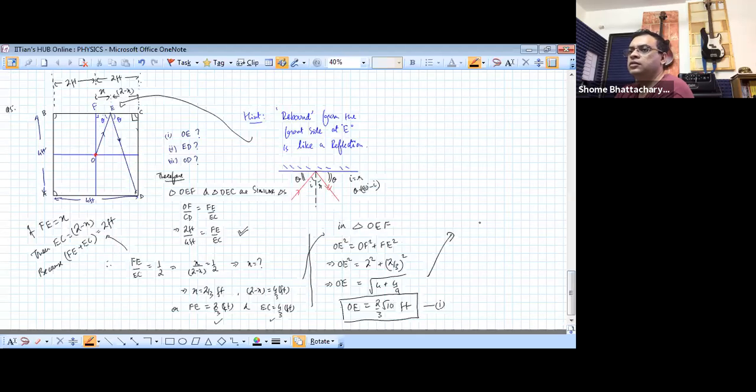And now you can see that again ED will be 2 times OE using the similar triangle relation.